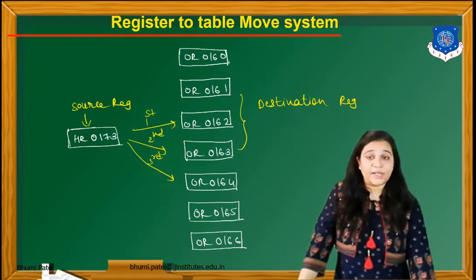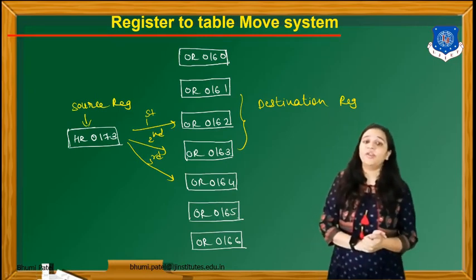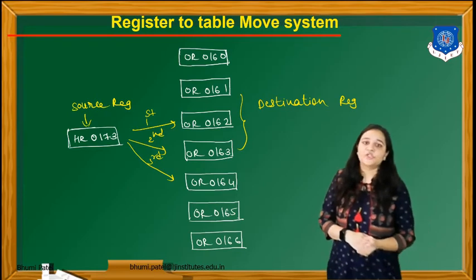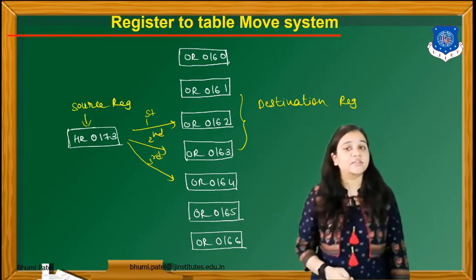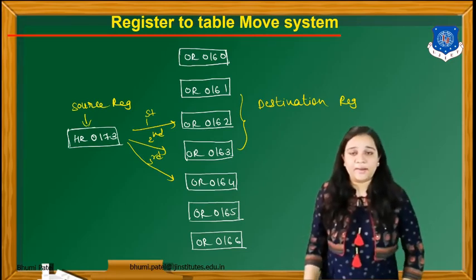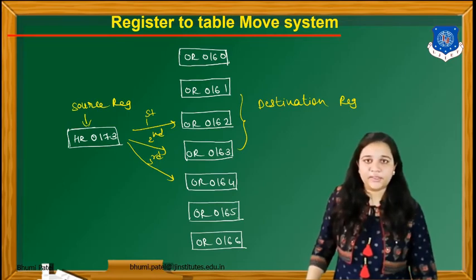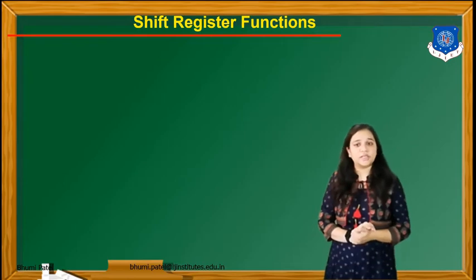If we transfer register to table, the length is 5 and my end point is OR0165, then my starting point will be OR0161. So using the end point, you can easily identify the starting point of the table. Clear?